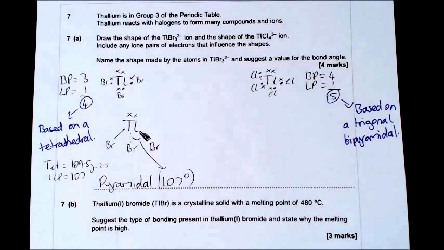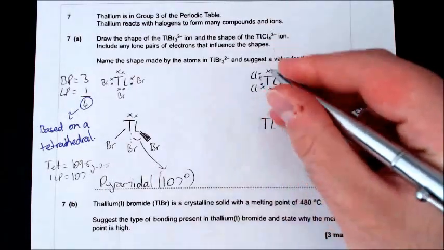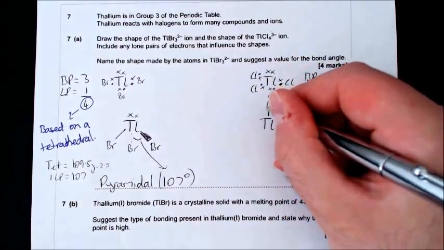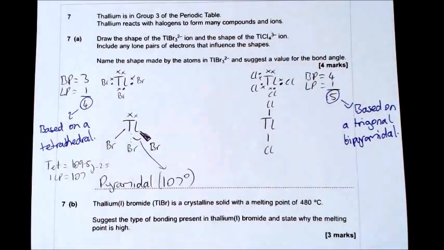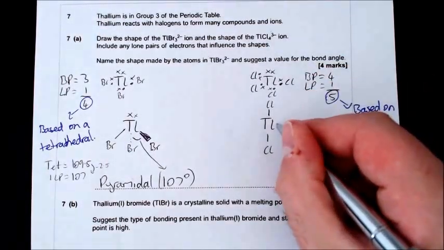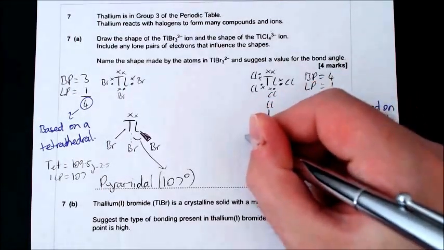Okay, so when we draw this molecule, we need to have our TL in the middle, and trigonal bipyramidals means we have two polar groups which go top and bottom like that. Normally, you would have a bond coming out here and then two coming out here.